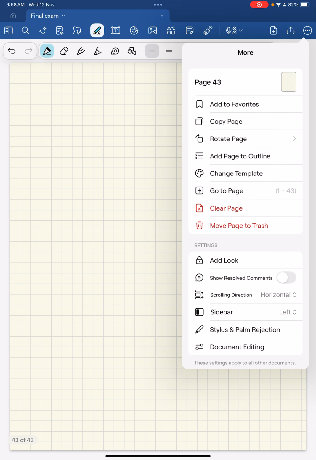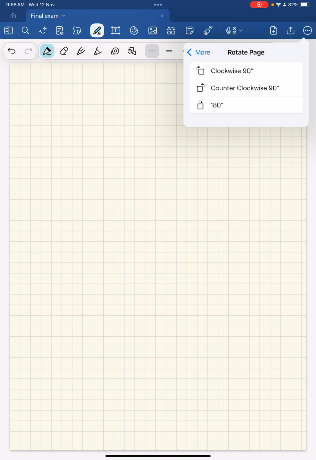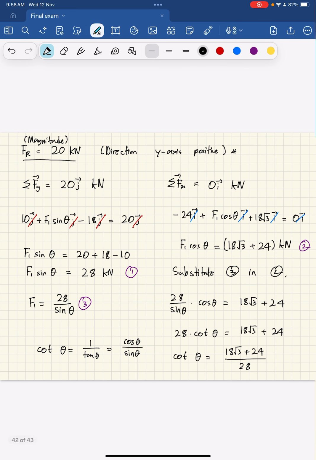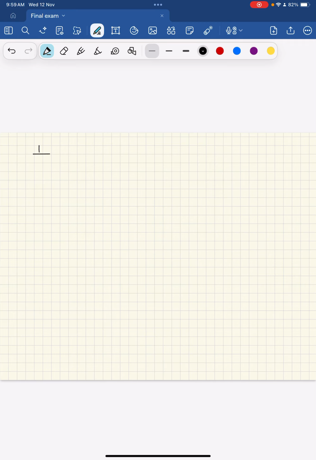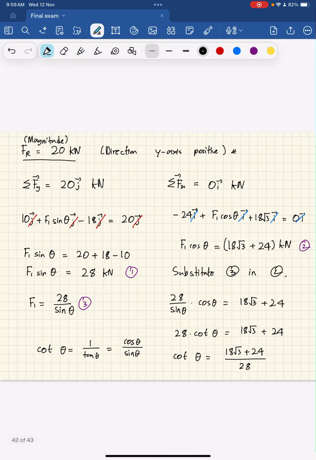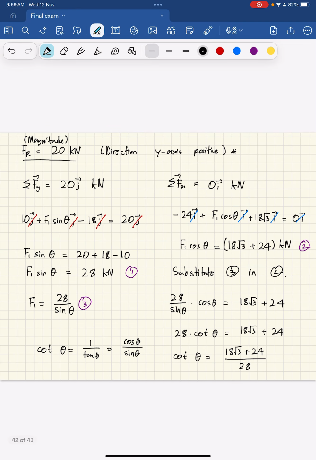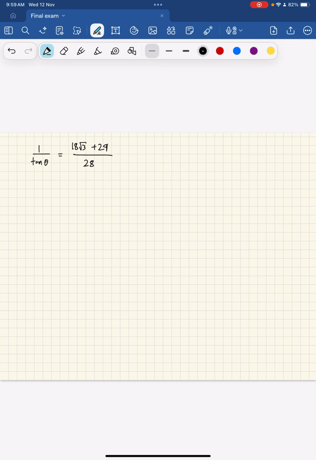I'm going to rotate this page real quick counterclockwise. Okay, let's make it nicer. So 1 over tan theta equals 18 root 3 plus 24, over 28. Therefore tan theta is just the opposite: 28 over 18 root 3 plus 24.